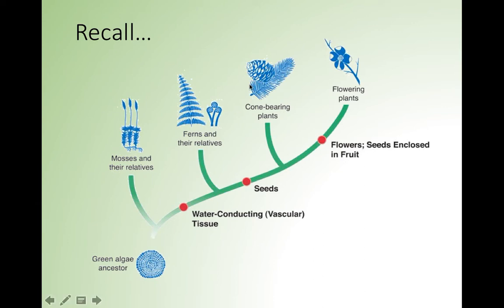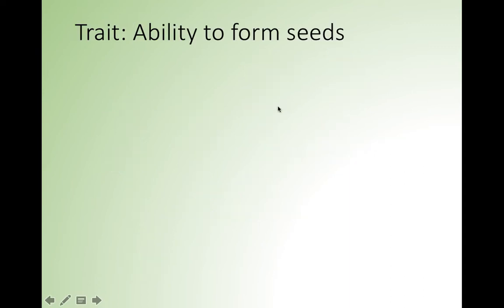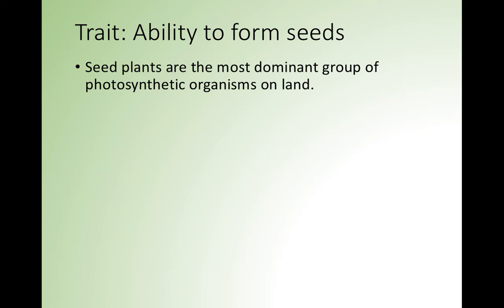Okay, now you can see that there are two branches, cone-bearing plants and flowering plants, and so we're going to be focusing on each of these two branches today. Okay, so these seed-bearing plants, this second half of the evolutionary tree, actually counts for the majority of plants that are found on the planet.